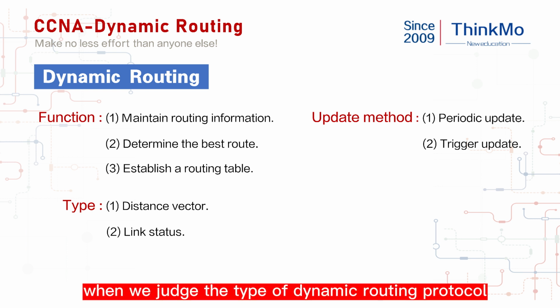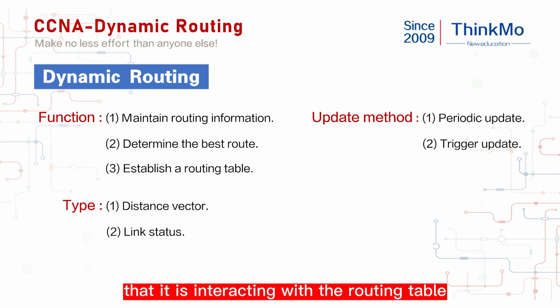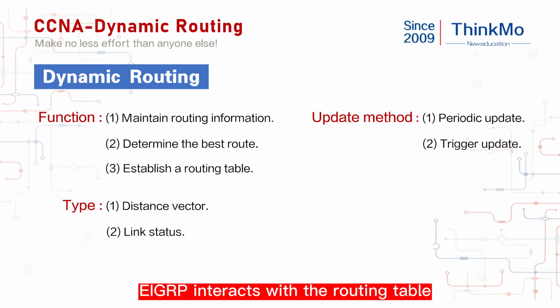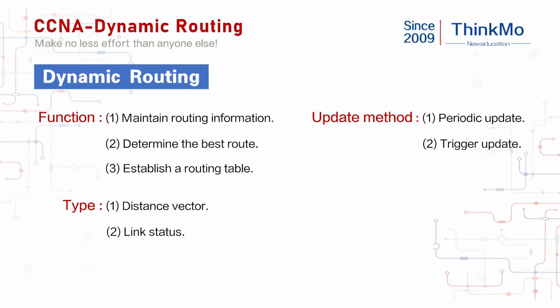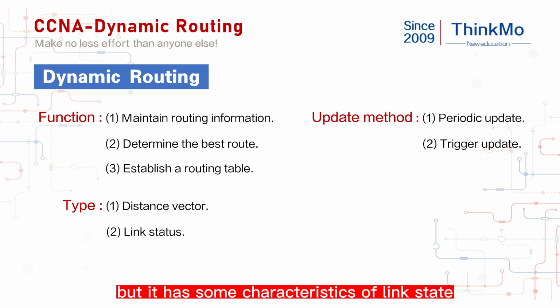When we judge the type of dynamic routing protocol, the specific thing is whether it is interacting with the routing table or link state information. EIGRP interacts with the routing table, so it's essentially a distance vector protocol, but it has some characteristics of link state.